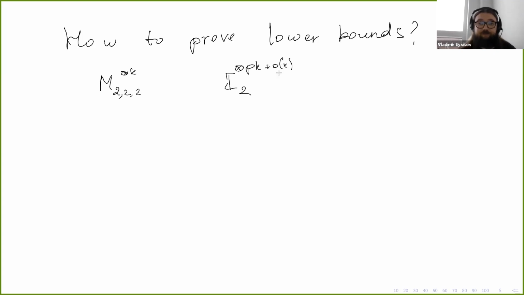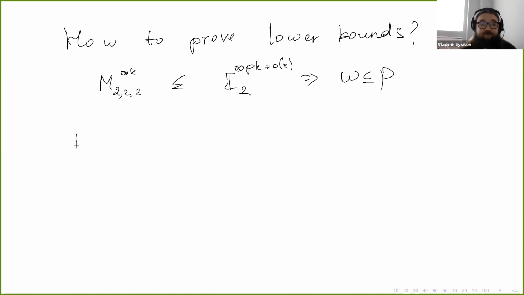So if we have this kind of relation, then omega is less than P. And how to prove that this kind of restriction doesn't exist?